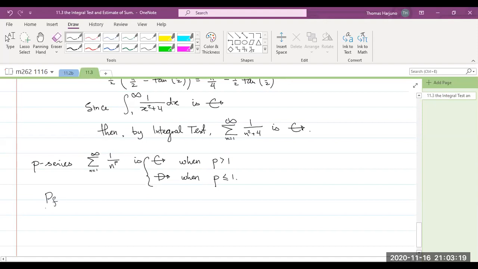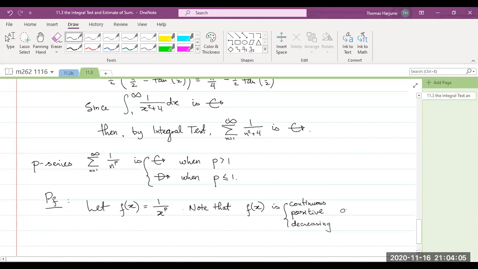A proof. Let f(x) be 1 over x to the p. Note that f(x) is continuous and positive and decreasing on 1 to infinity.